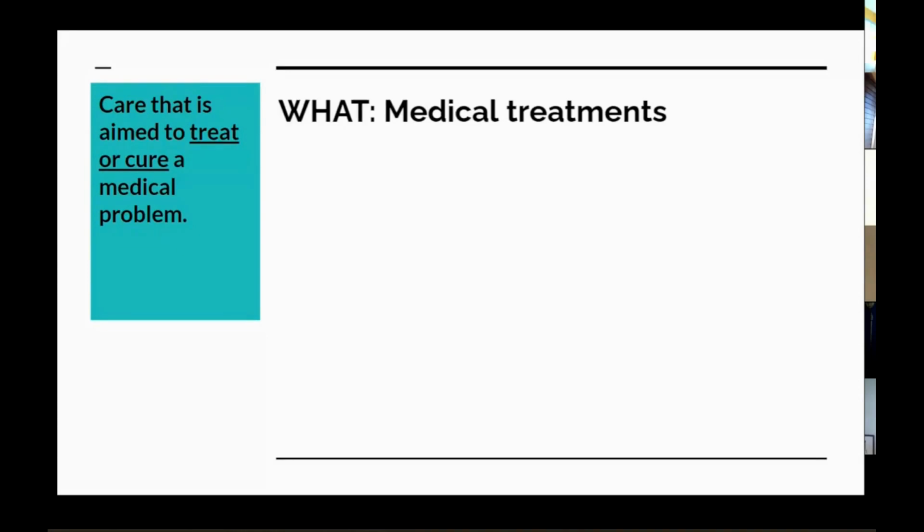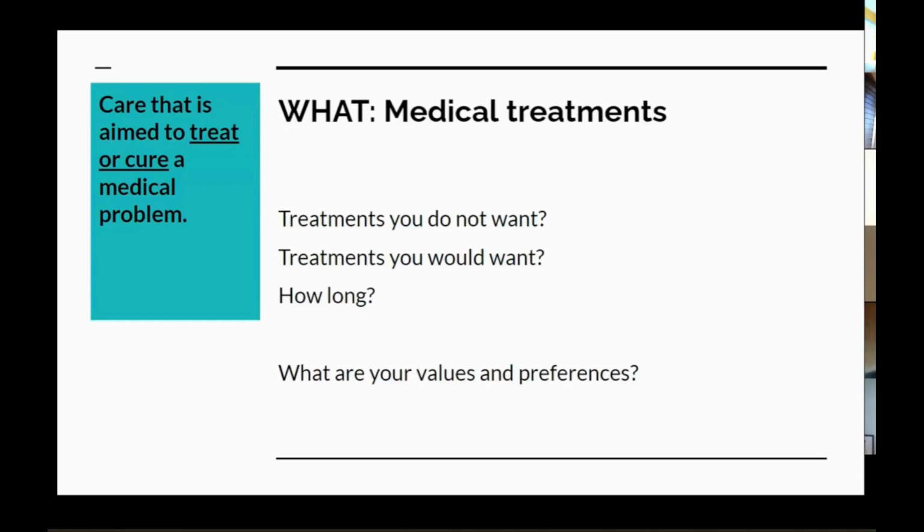Your kidneys recover and you can get off dialysis. Your lungs may be very sick, but then they do get better and you're able to get off the breathing tube and breathe regular air all on your own, right? So there you might also consider, are there things that you know you would want, things that you would not want? How long would you want them? And here, again, that's where your personal values and preferences will help you decide.